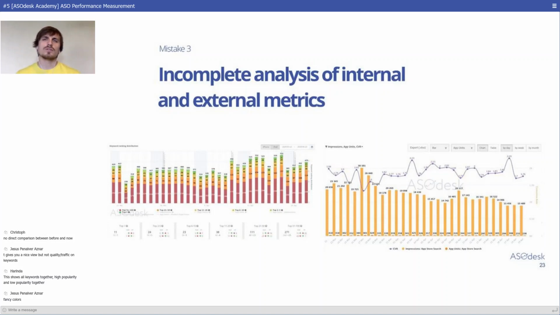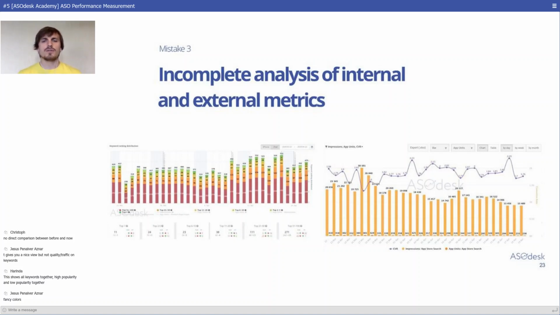You are assembling the keyword semantic core and inserting these keywords in the text metadata of the application. At this point, you don't care that much about impressions and app units.